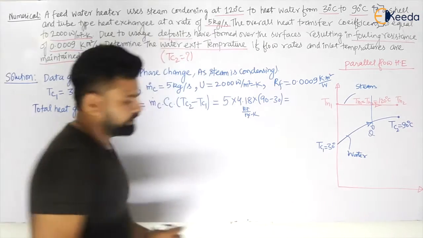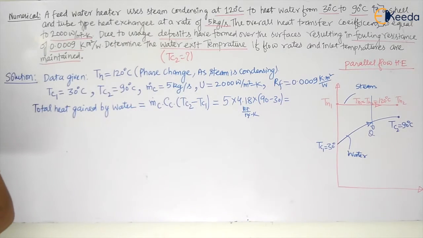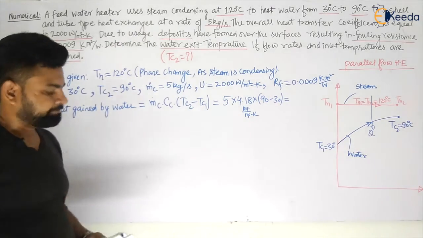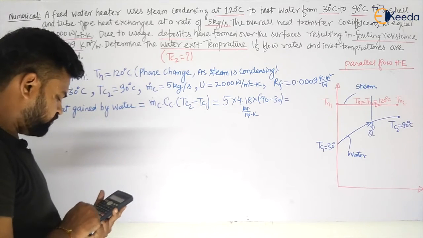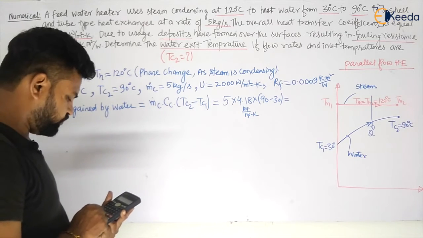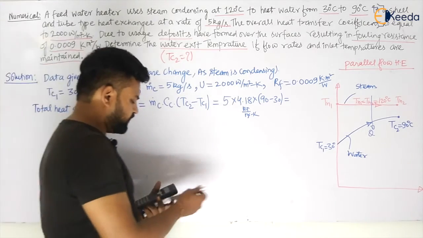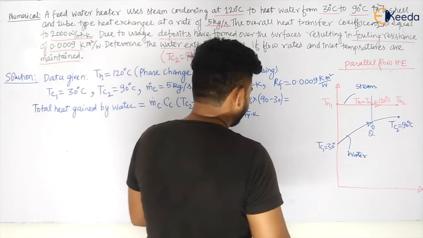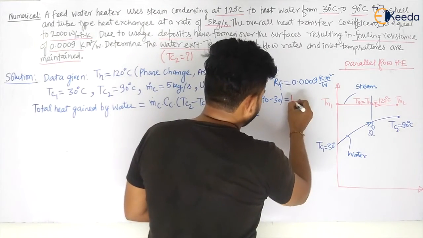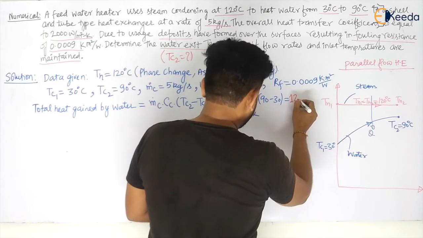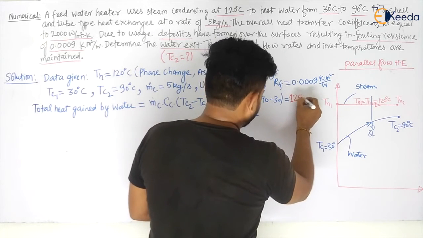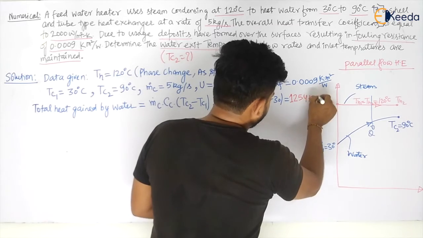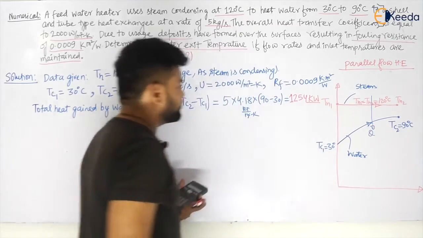This value will be 5 into 4.18 into 60, so this will be 1254 kilowatt.